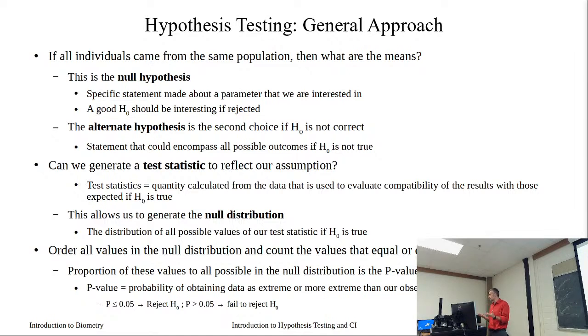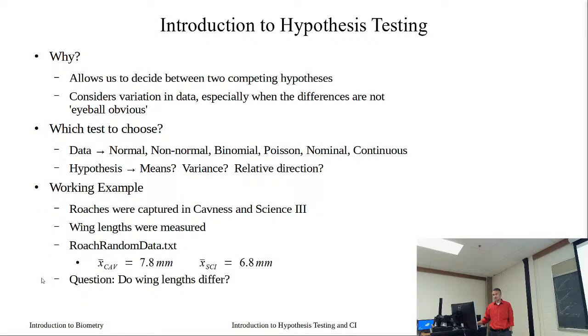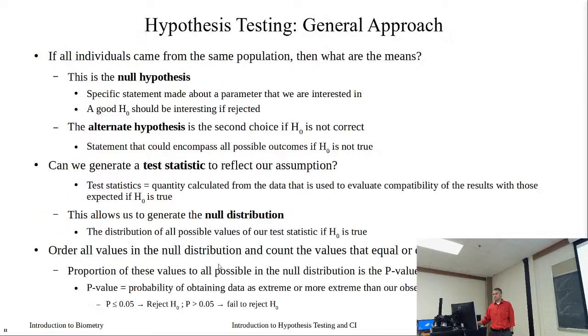Any differences in the mean should just be due to the random chance of getting a various sample. If we repeated it, our means could be different. If we repeated this collection, maybe cabinet's wing length is 6.8 and science wing length is 7.8. If we repeat it again, maybe they're both at 7 millimeters. That's what it means when we assume that they are all in one population.